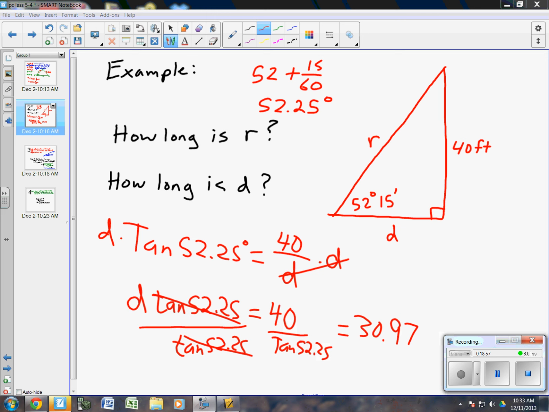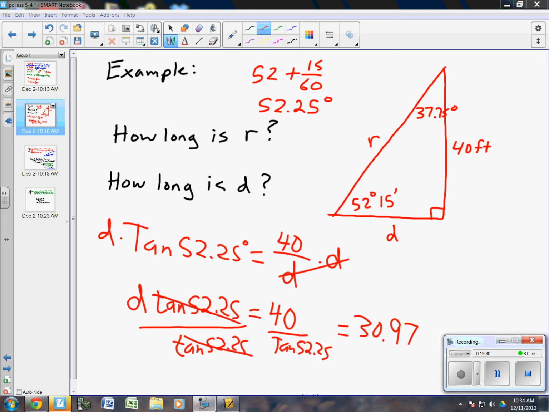Oh yeah, you can find the top angle. What's this angle right here? It's 37.75 degrees, right? That's not going to change anything. D is still going to be on the bottom. Opposite. D over 40. Oh yeah, you could do that one. You could use tangent. Yeah, you could do it that way.